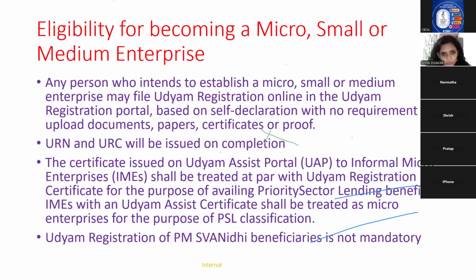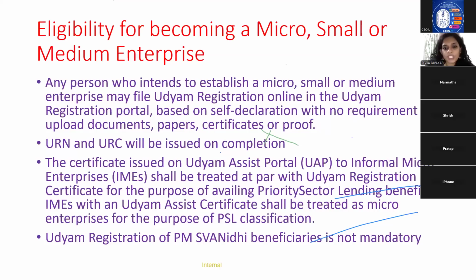IMEs with Udyam Assist certificate shall be treated as micro enterprises for the purpose of PSL classification. Try to remember this point, because this is a recent change in the past 1 year. If a question asks which category IMEs with an Udyam Assist certificate are treated as, it has to be micro.